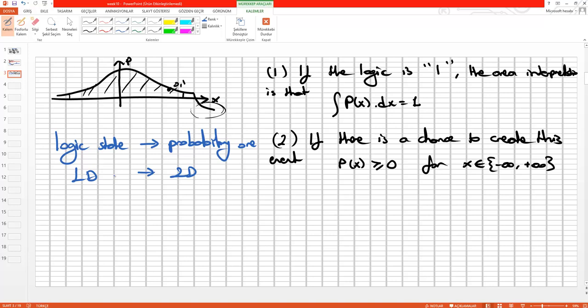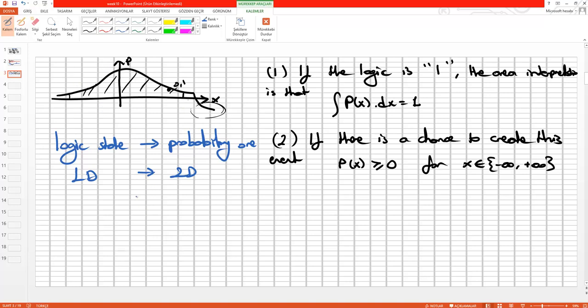In Turkish, gizli, hidden space, latent space. Okay? So this is the case, but in this case, we should create some parameters to model this normal distribution.